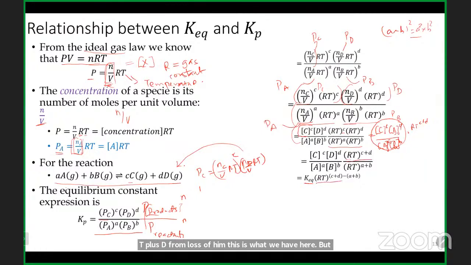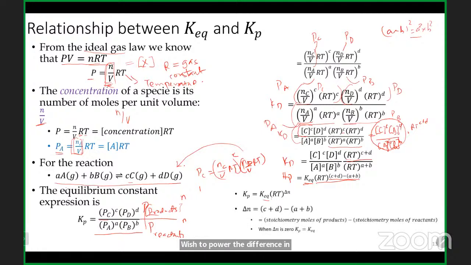So we can write that our Kp equals K equilibrium times RT raised to the power of the difference in the number of moles between the products and the reactants. Of course, it's obvious, if delta N is 0, Kp will be equivalent in value to K equilibrium.